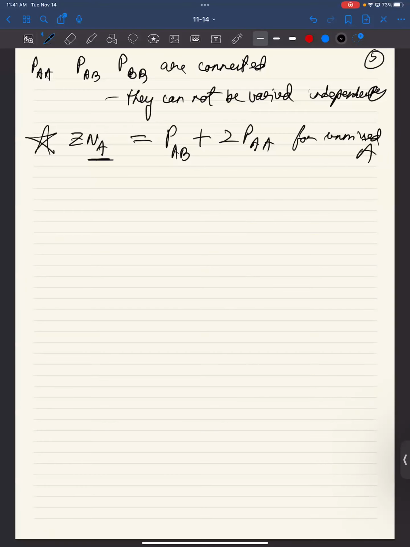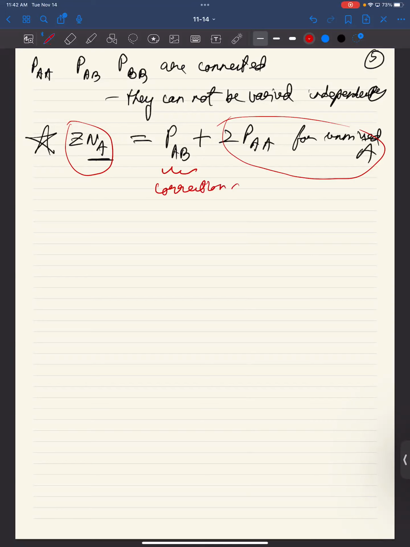And again, the way to understand it is that this is true for unmixed A, okay? And this is the correction due to mixing, okay? So if it confuses you, go and stare at it. It will make sense by understanding the limit.